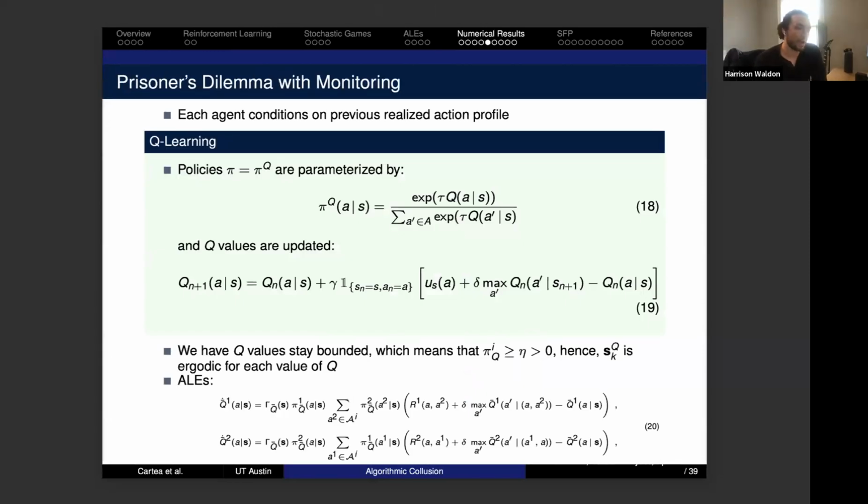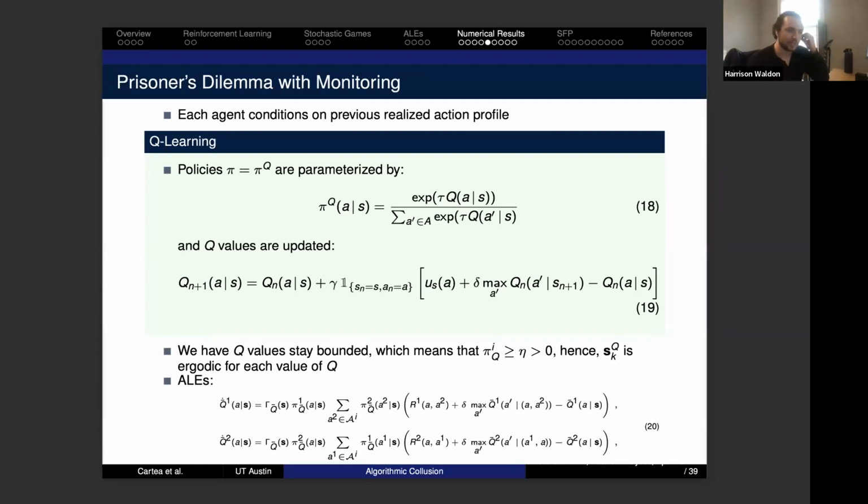Okay, so now we'll give each agent the ability to condition her spreads on the spreads of her opponent from the previous period. So the setup is similar to before, but now we consider state-dependent Q-Learning. So this algorithm can also be shown to satisfy the conditions necessary to be approximated by the ALEs. The main condition which needs to be shown is that the state process is ergodic for any choice of Q values.